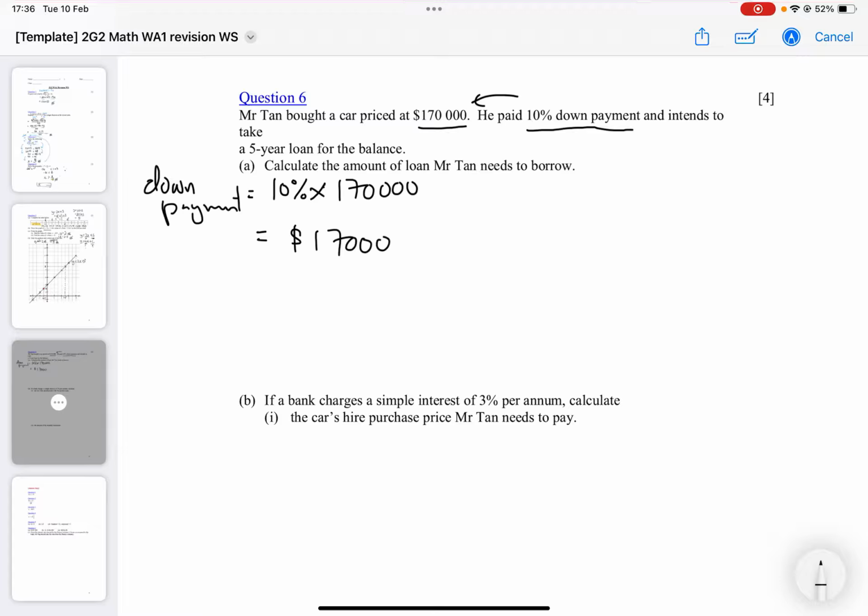If I pay this down payment already, the rest I still owe, and I need to borrow money to pay that. So that is the loan amount Mr. Tan needs to borrow.